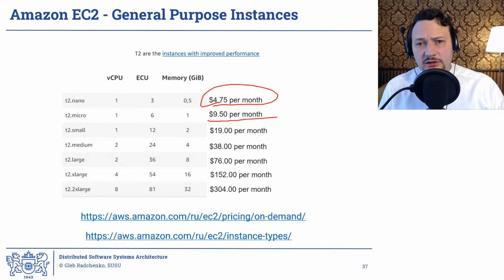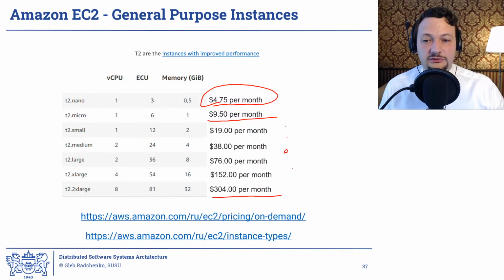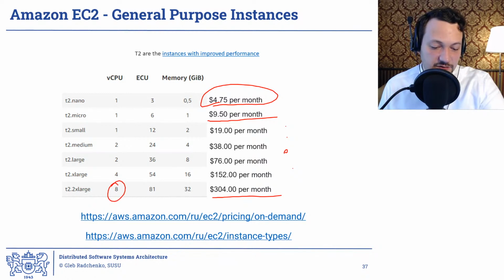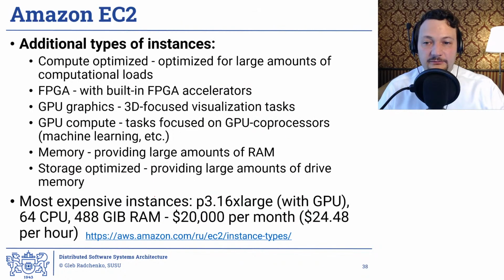And depending on the load that you're expecting, you can book and order more and more business units till about $300 per month for a huge virtual machine with 8 CPUs, with 32 gigabytes of RAM, and with a lot of computing power. But this is not the biggest instance that you can order, and most expensive instances.